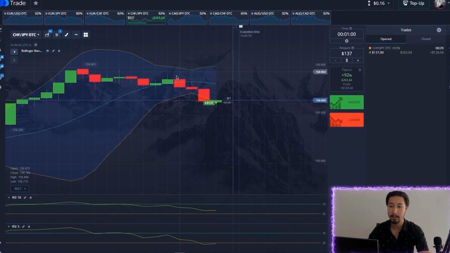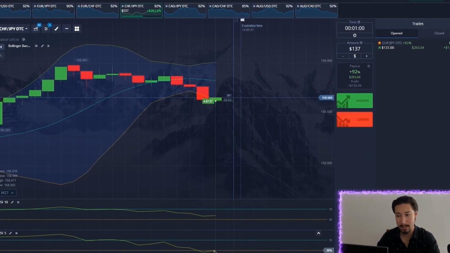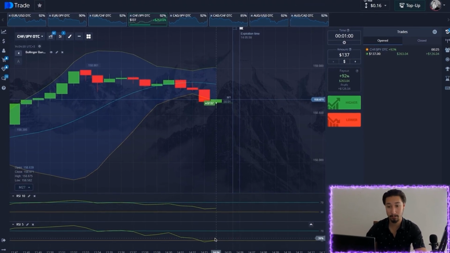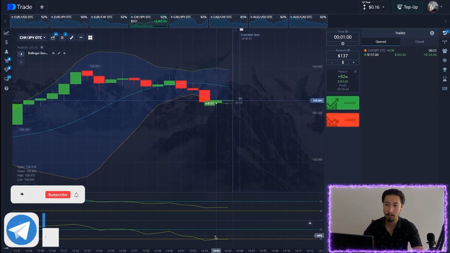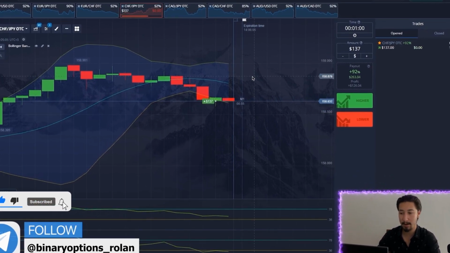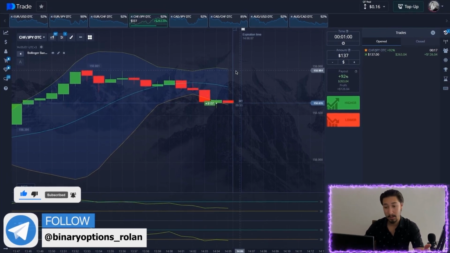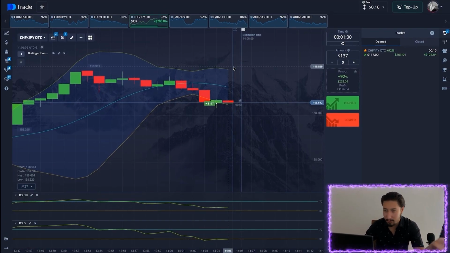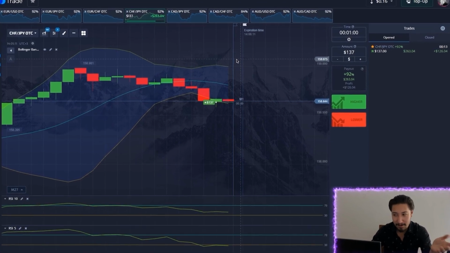In our case, the touch has occurred and we see an exit from the oversold area according to our RSI with a period of 5. So here we should also see a rollback in the price, after upward again. So let's look at the result.